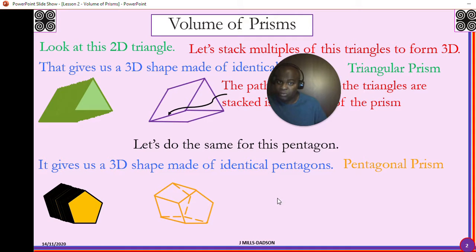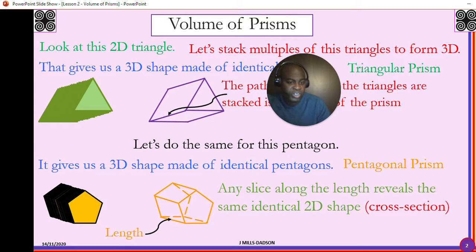Pentagonal prism, right? And the stacking is done along this line. Any of these lines mean the same. That is the path along which the stacking is done. It's called the length. And that gives us another keyword we call the cross section.